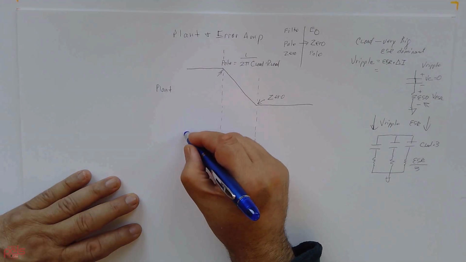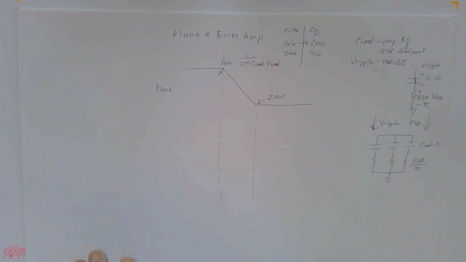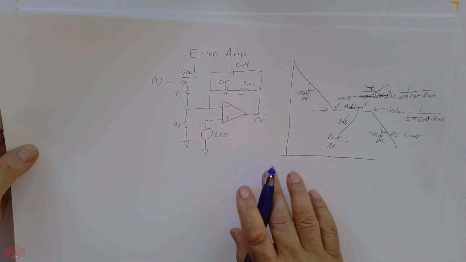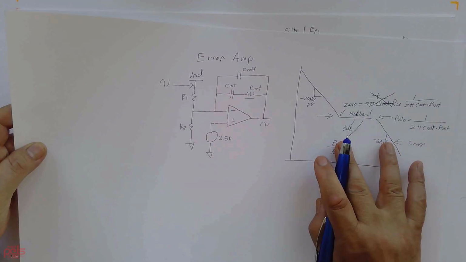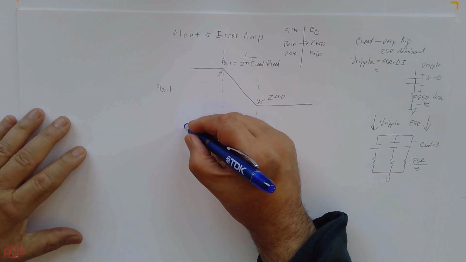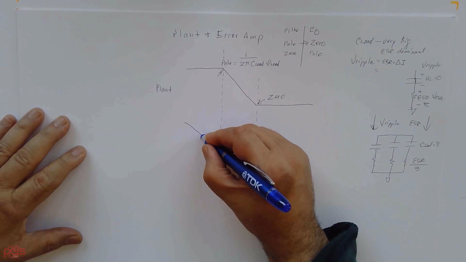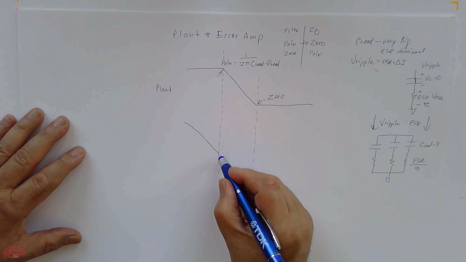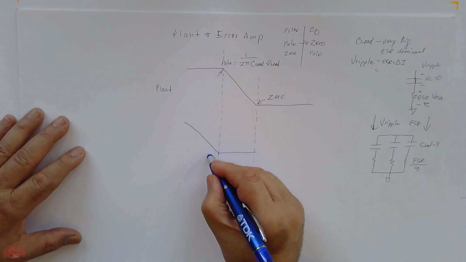So in this case, remember we had that other drawing. Basically, we're going to duplicate this point. Now the error amp will go like this, and then remember, there's an upward inflection. That's a zero.